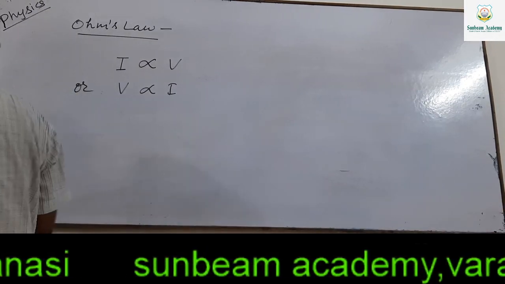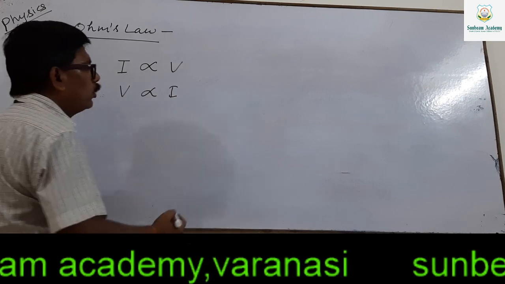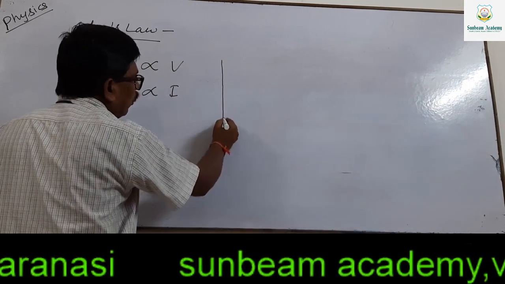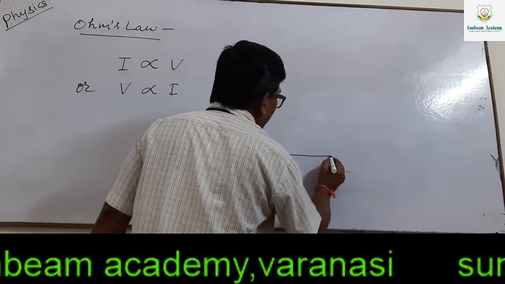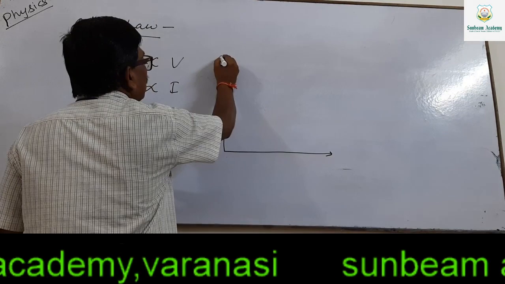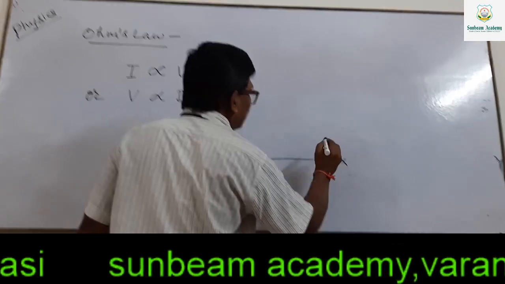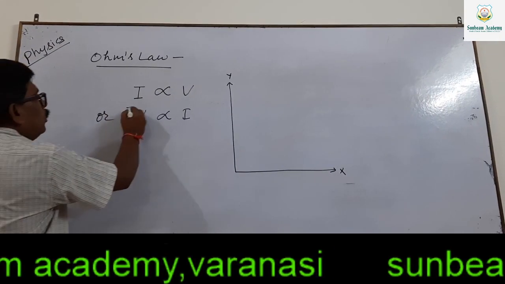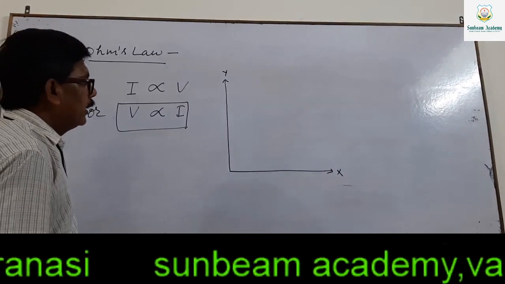If V is directly proportional to I, then you can take any value on the y-axis and any value on the x-axis also. This is the y-axis and this is the x-axis. You know the relation, V is directly proportional to I.